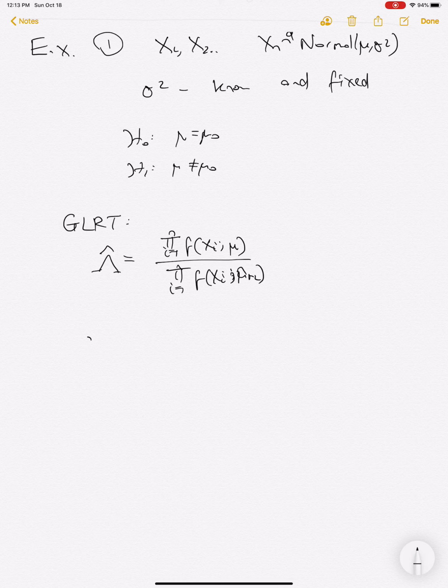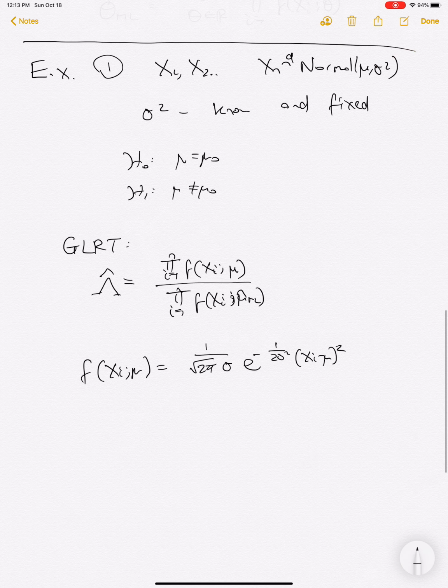So we know the PDF for the normal, here treating sigma squared as a constant. So this is what the PDF for the normal looks like.